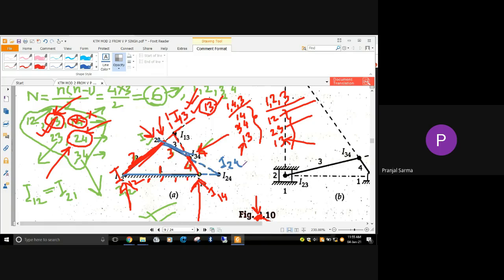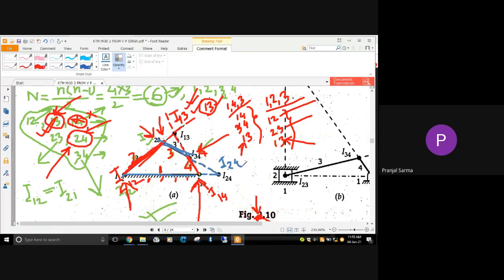Okay, understood? Let me know, have you understood or not, all of you? It's very easy once you know about these two cases, like for pin joint where it is located, similarly for sliding joints, sliding pair where it is located.